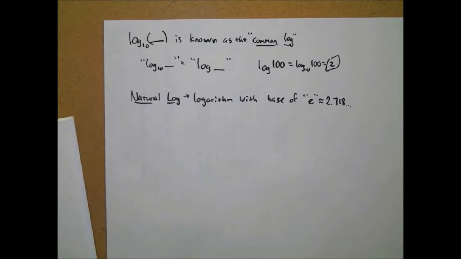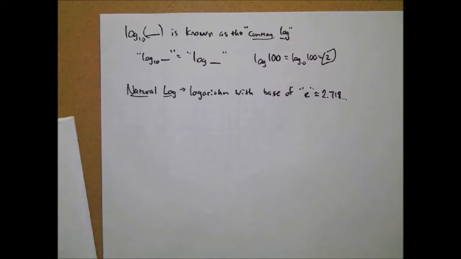Well, remember, in math, we use letters to represent numeric quantities all the time, right? x, y, those are representing numbers. But I agree, it is kind of a silly thing to say. But logarithm of the base of e, okay? e has an origin, and it's one of those numbers that shows up naturally, just like pi was a number that shows up naturally. e and pi are kind of similar.